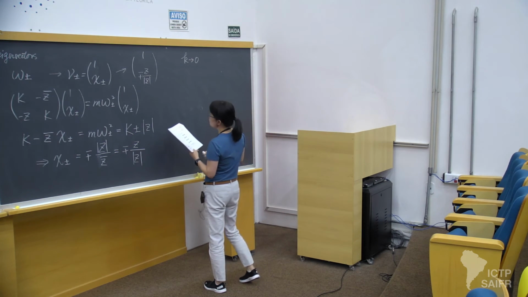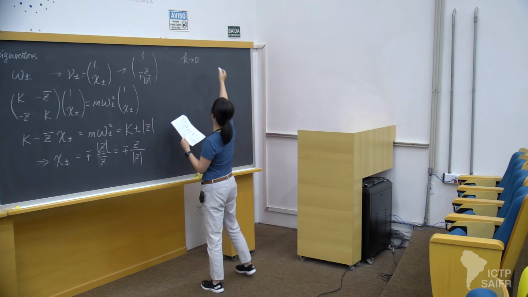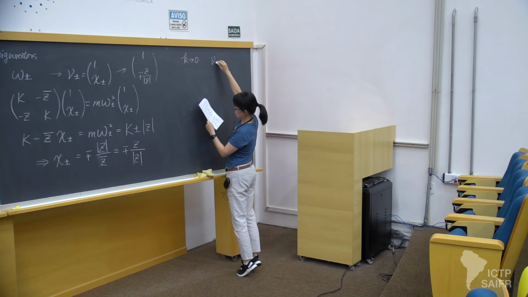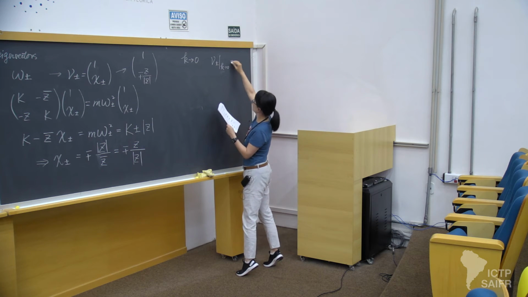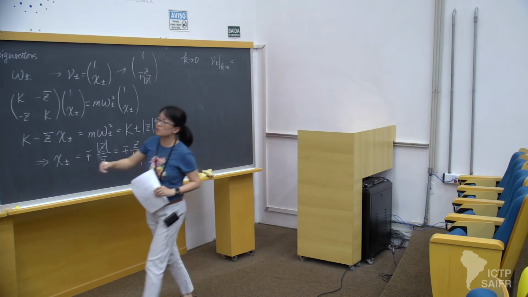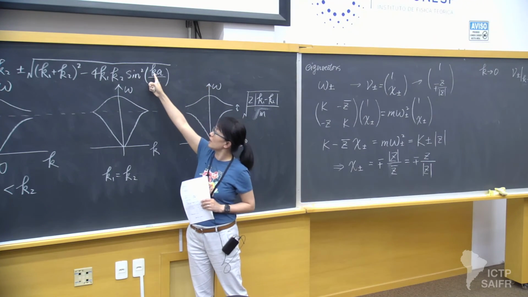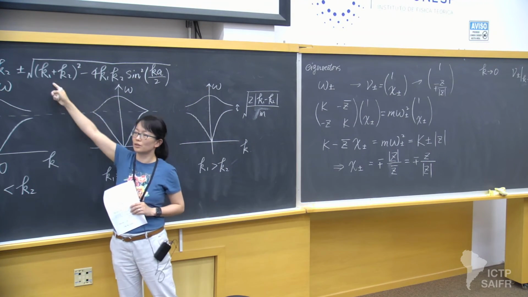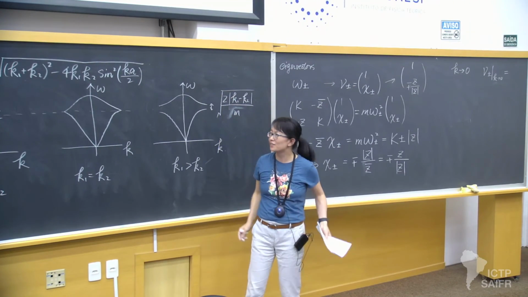So in this limit, we have nu plus minus at k goes to 0. Just to clarify, this k is the wave number, and the K1, K2 are the spring constants. The notation is a little bit confusing, but I think you can distinguish them, right?